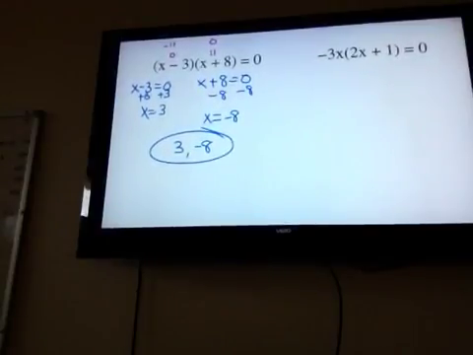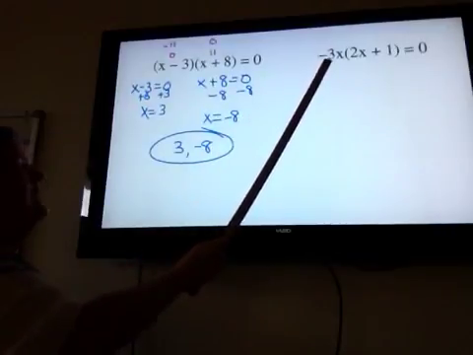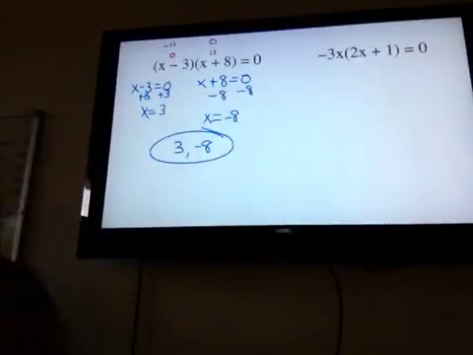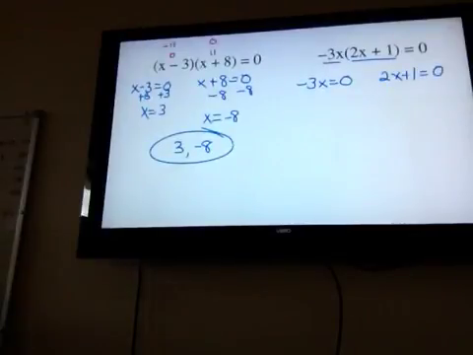All right, the next thing has 2 variable factors. So negative 3x times 2x plus 1 equals 0. So that means this times this is 0. So one of them is 0. So either the negative 3x is 0 or the 2x plus 1 is 0.